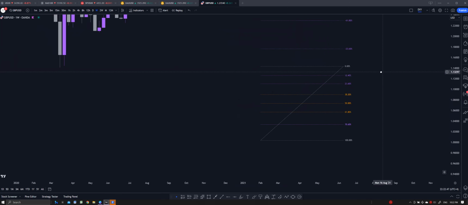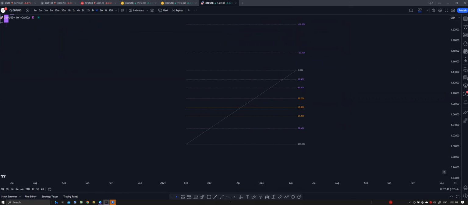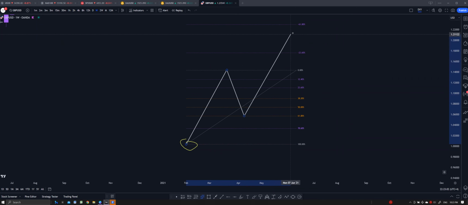Say this is our Fibonacci, and this is point A on a bullish trend, our point B, and then say we had a point C at the 50%, or let's say 61.8%, right? And then we see a push.